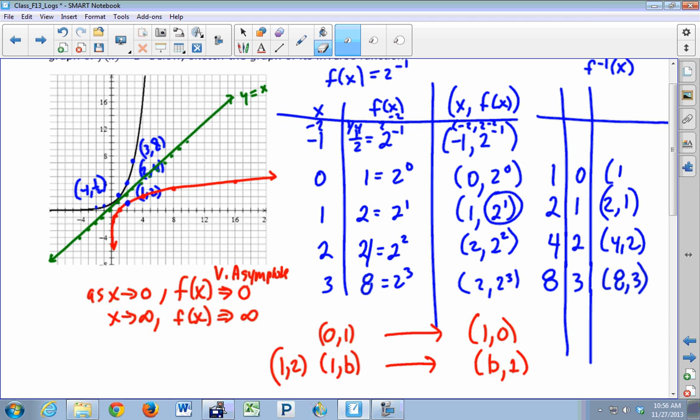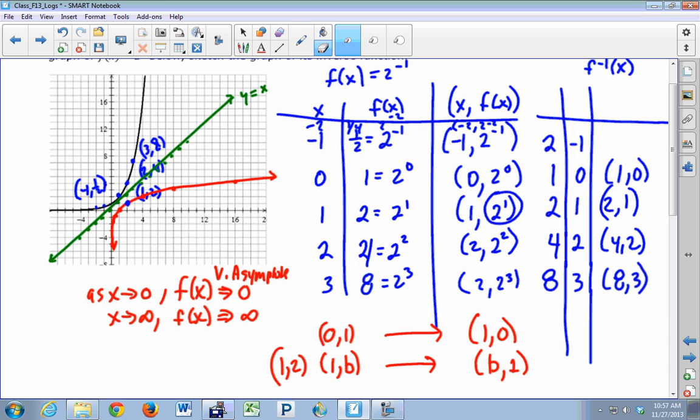So we now have an x-intercept, which we didn't have. Notice we have no x-intercepts on our exponential function. We had a y-intercept. Now we have an x-intercept and no y-intercept. Okay, and then at (-1, 1/2), we reverse that.